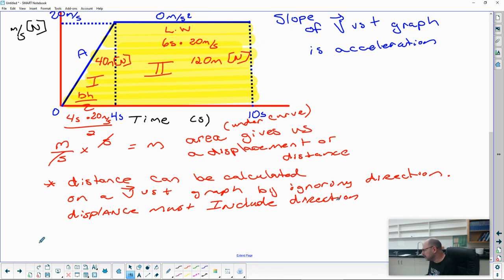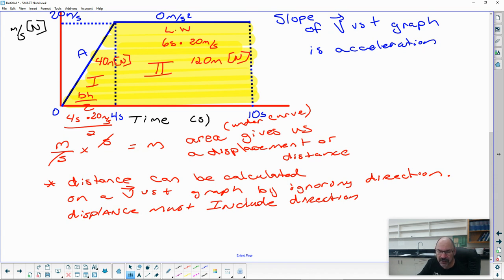So you can get distance, displacement, acceleration, and also the instantaneous velocity by just reading the graph. So there's a lot of information that you can get from velocity time graphs. If you're given an object velocity and time graph and distance time graph at the same time, there's quite a bit of analysis that you can actually do.